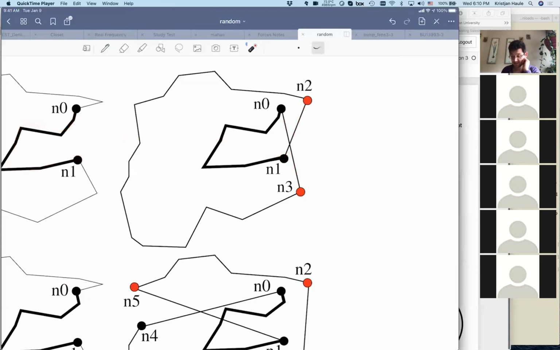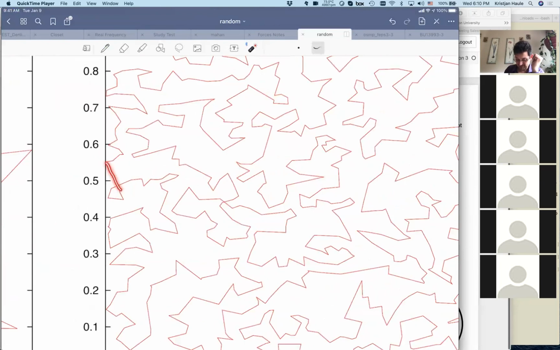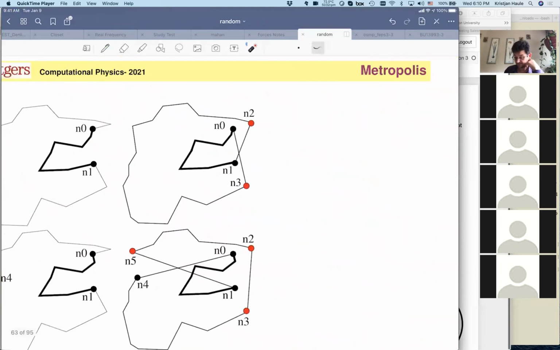So this clearly is a move to remove crossings. In the case where a crossing is found, if we run this sufficiently long, I think that this crossing could be eliminated by exactly this move.